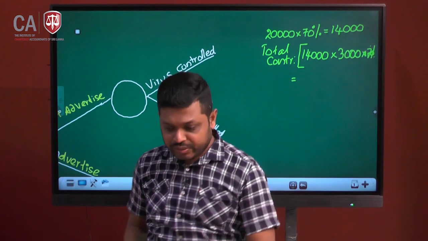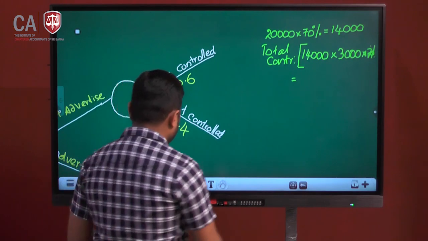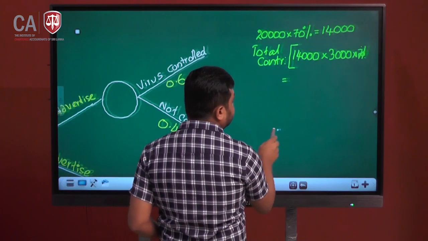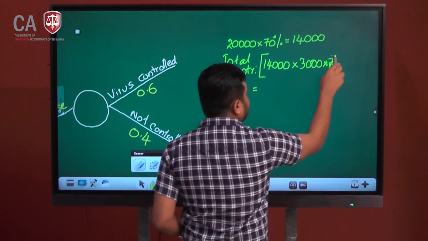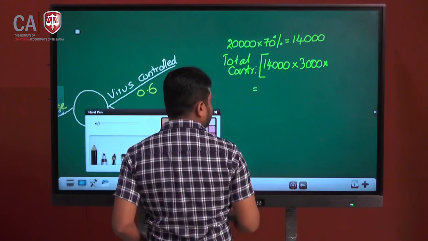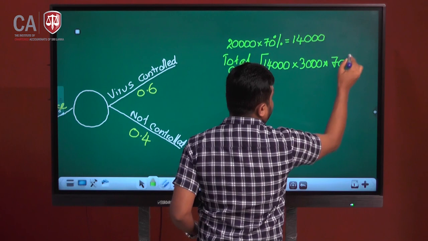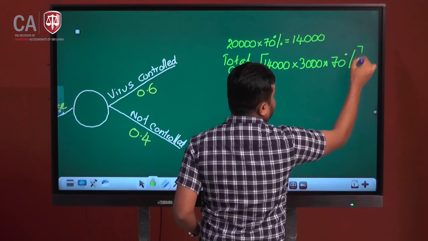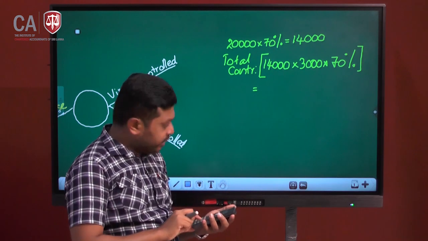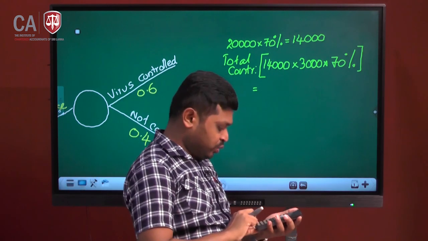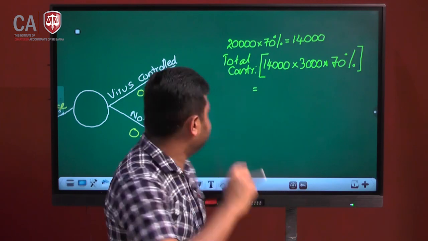If you work out the total contribution, then you can calculate 14,000 into 3,000 into 70%, which is 29.4 million, right?